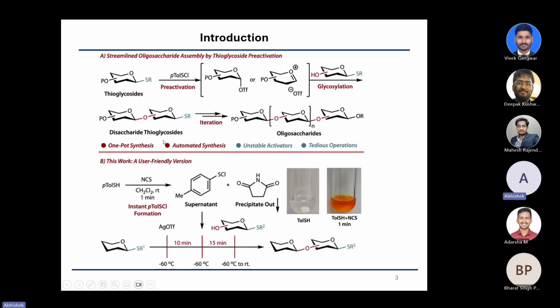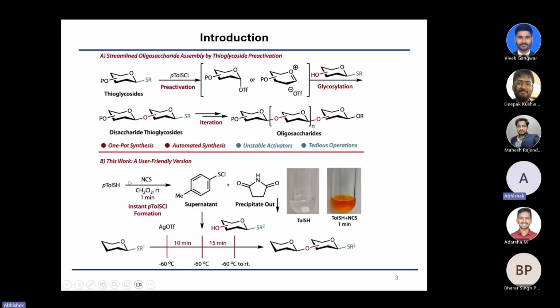There are some merits as well as demerits of these reactions. The merits are one-pot synthesis and automated synthesis, and the demerits are unstable activators and tedious operation.